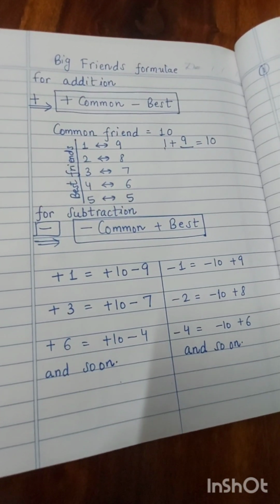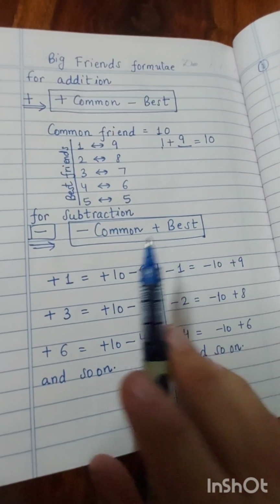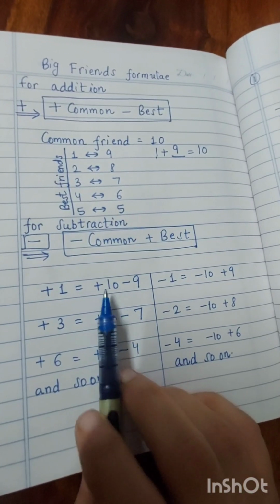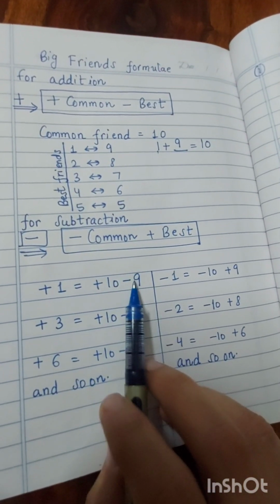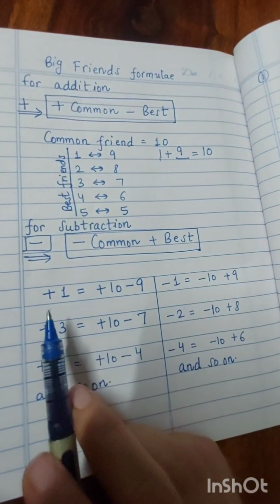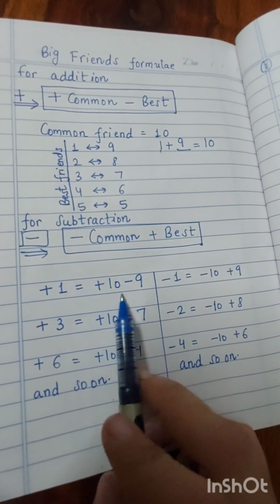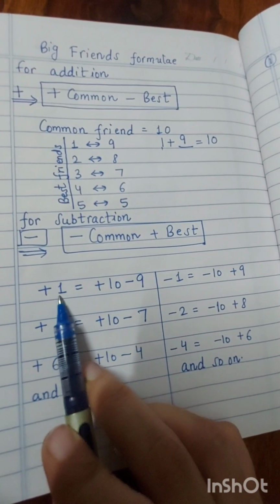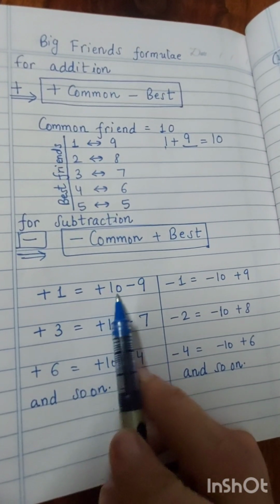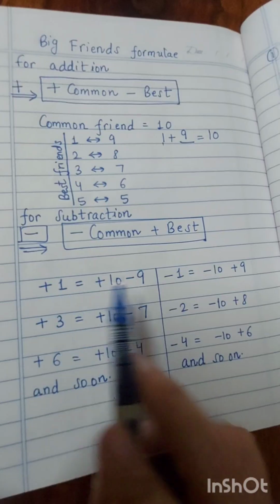If small friends are not available, then we move on to big friends. So we will add the common friend and subtract the best friend. For addition, add common, subtract best. What is the common friend? 10. And what is the best friend of 1? 9. So we have to add the common friend and subtract the best friend of 1.